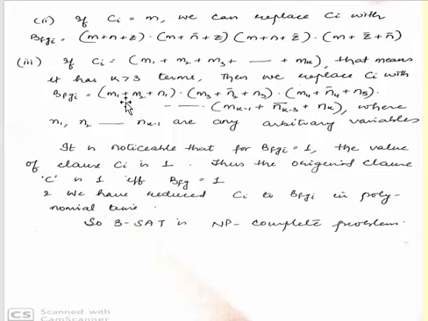You take any values of m1, m2, m3, m4 up to mk minus 1 and all these arbitrary variables. Suppose the value of that is 1, then for those values of m1, m2 and m3, the Ci would also be 1. So 3 SAT is also an NP complete problem.